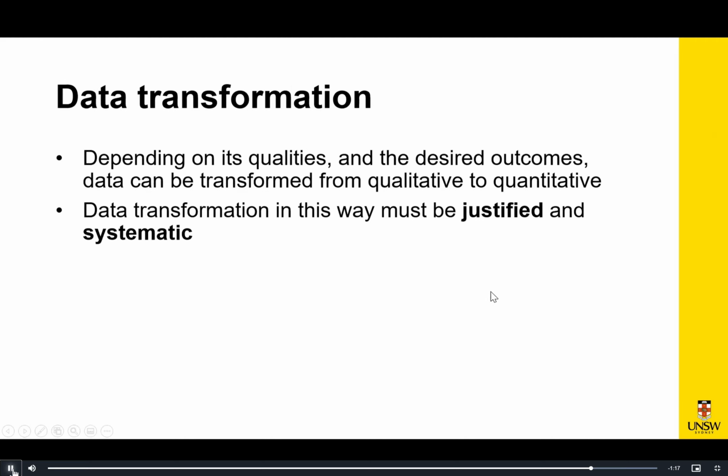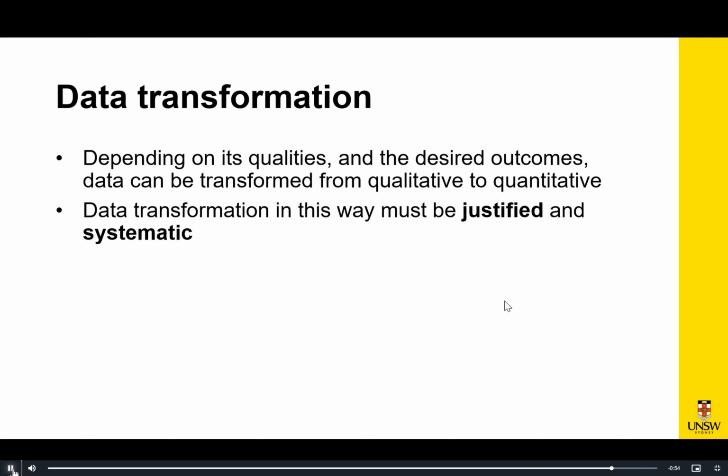Okay. Data transformation. So what sometimes you can do is transform the data from qualitative data to quantitative. You can do this. There are ways of doing it. In order to do that, you have to justify why you're doing it, and you have to be very systematic about how you do it.